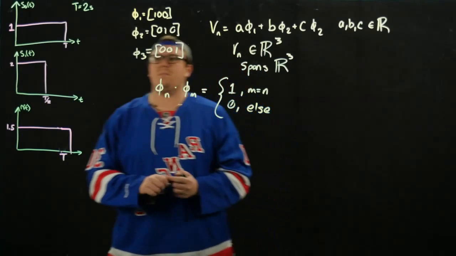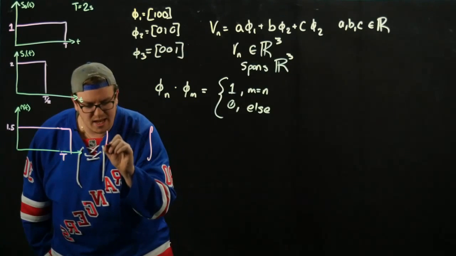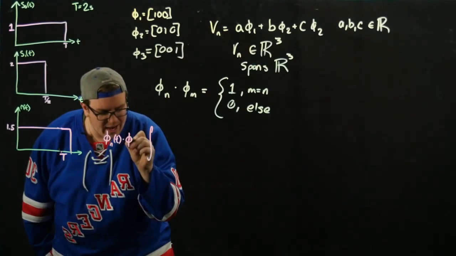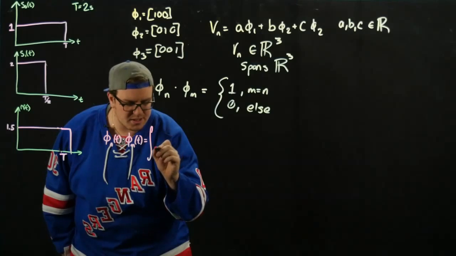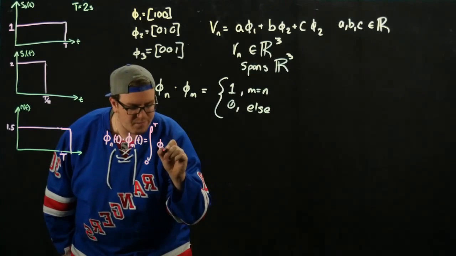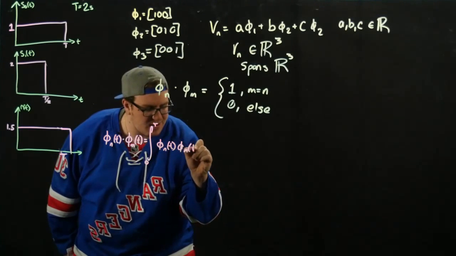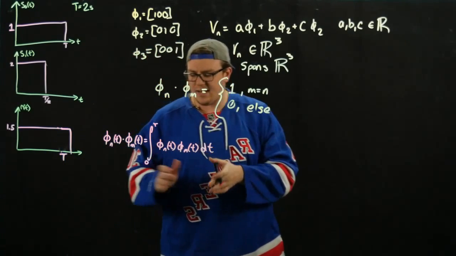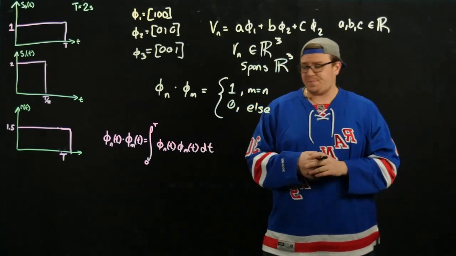So we say that the dot product of two signals, phi n of t dot phi m of t, is equal to the integral over a single period of phi n of t times phi m of t. We're just going to take a multiplication inside this integral, and we'll call that our dot product for signals.